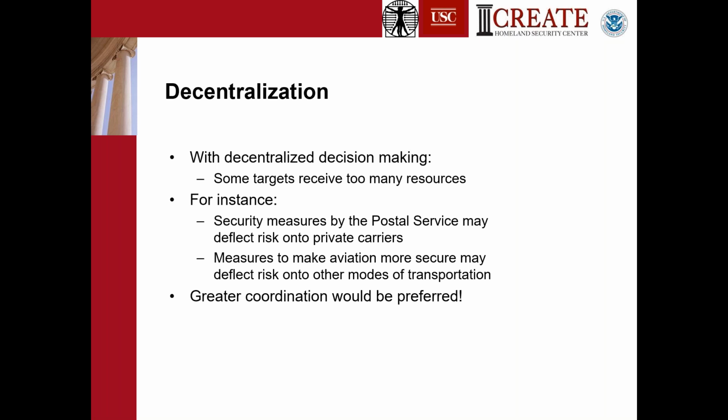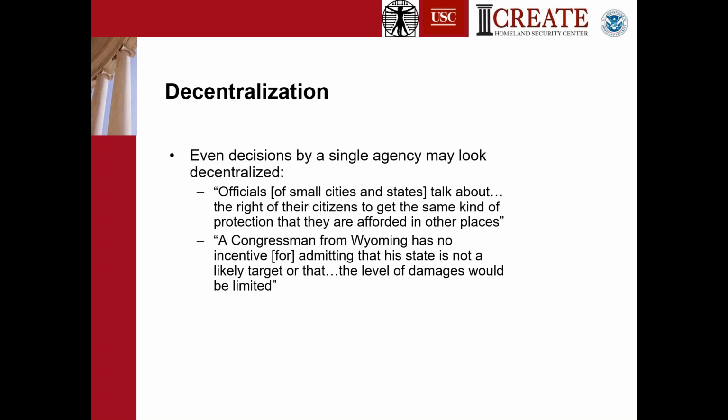Similarly, if we spend too much money on aviation security, we may deflect risk to the subway system or bridges or whatever else. So ideally, we would like to have more centralized decision-making, but even decisions by a single agency can look decentralized because of the kinds of pork barrel processes that we talked about at the beginning of the talk.